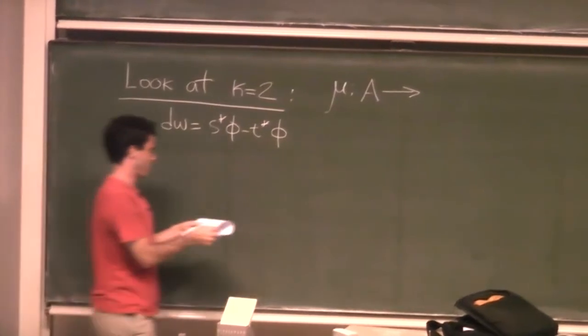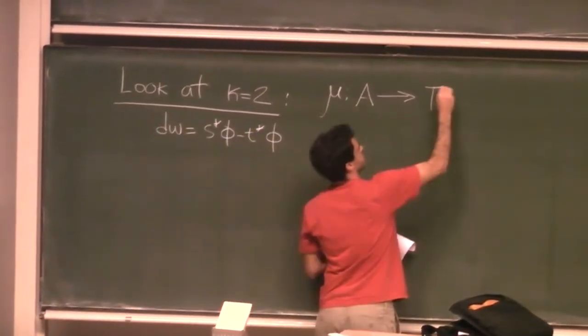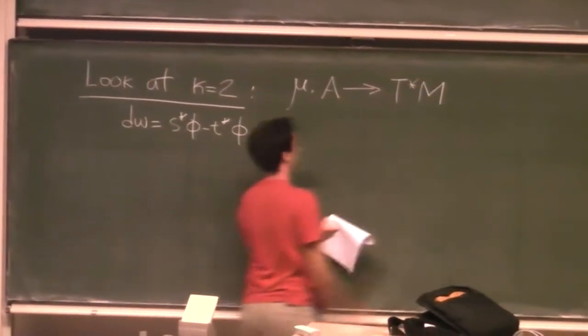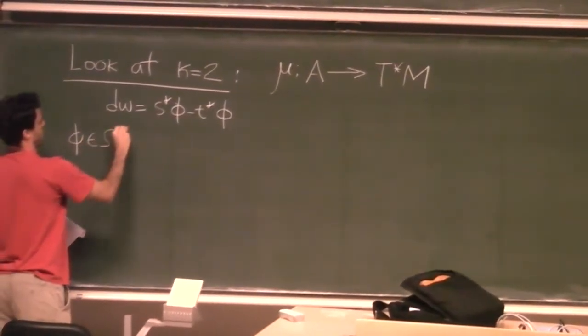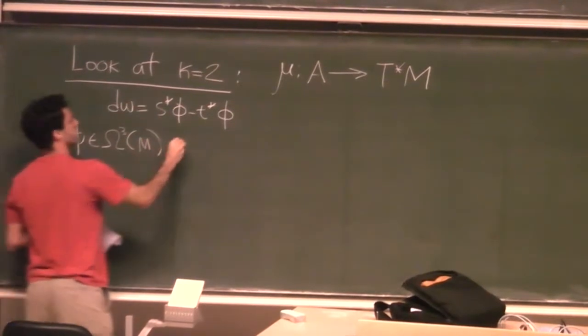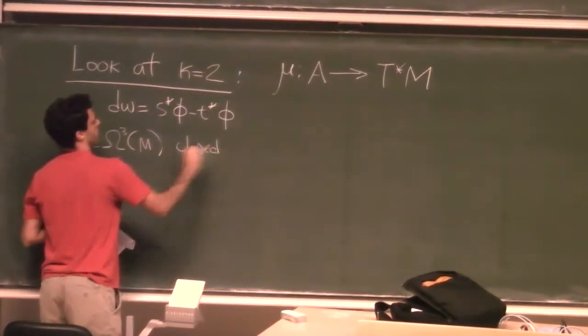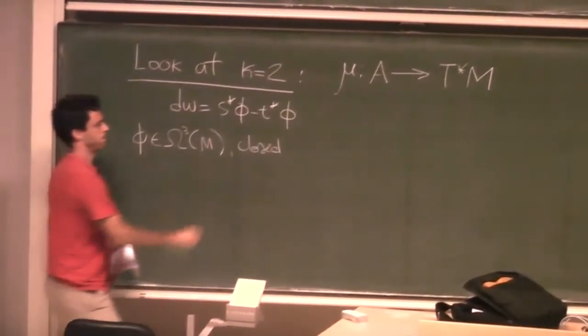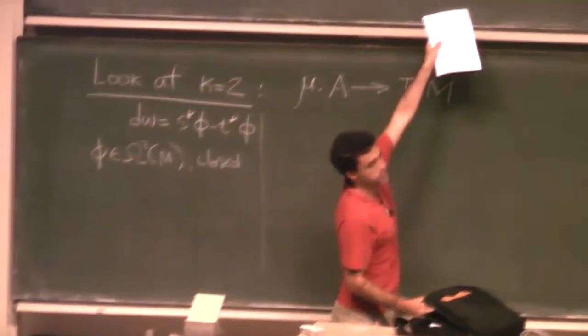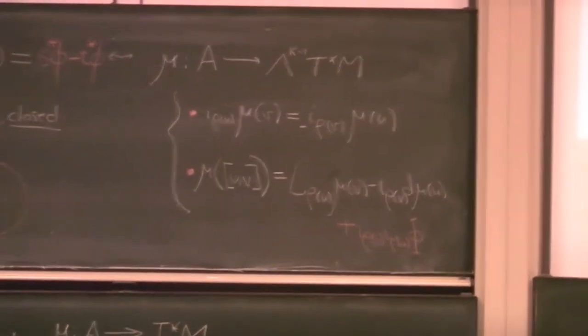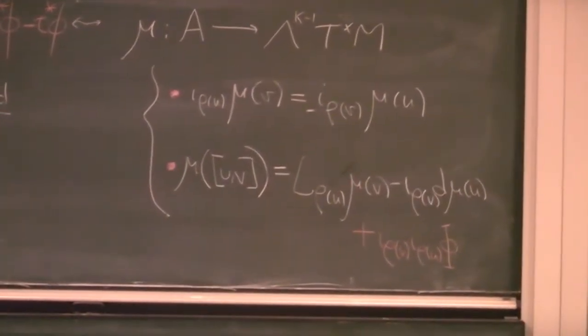Okay, so we have one map like this, where now phi here is a closed 3-form, right? So these are the equations that this map satisfies, right? And you see that we can reinterpret these equations now naturally.